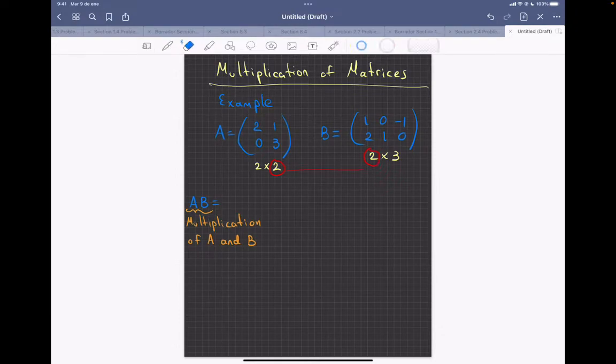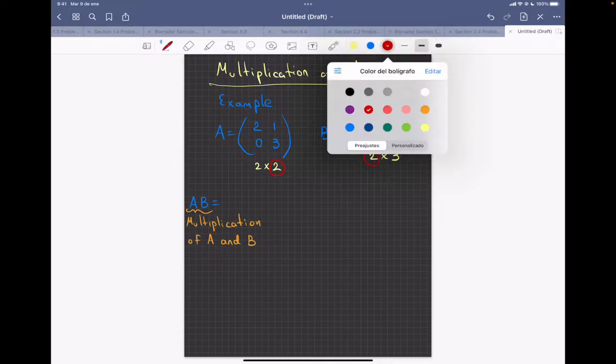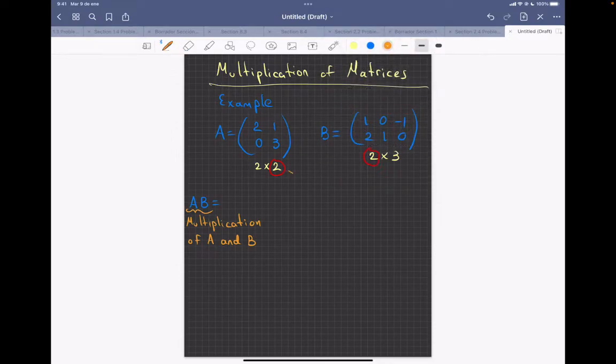If these two numbers are equal, then the multiplication is going to be possible. Same number.